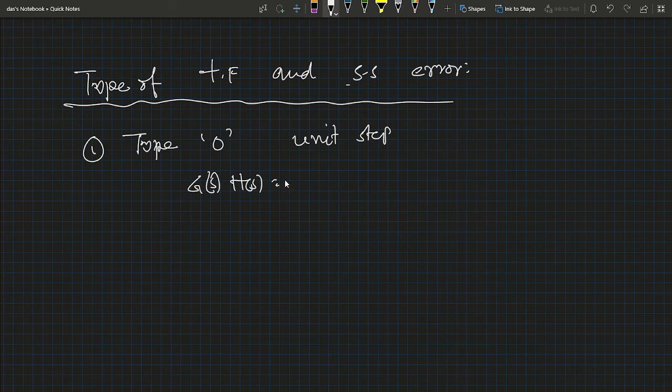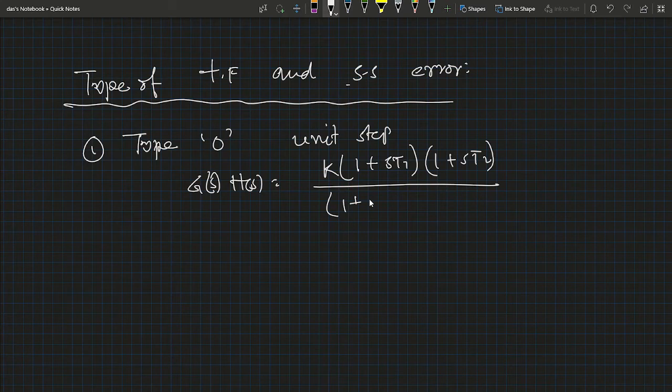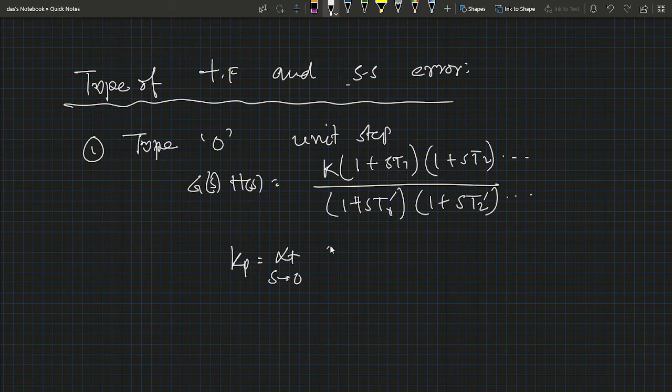The general expression is, as we already know, K into (1 plus sT1) (1 plus sT2) and so on, divided by (1 plus sT1 dash) (1 plus sT2 dash) and so on. Now Kp, you already know, is limit s tends to 0 of G(s) into H(s).